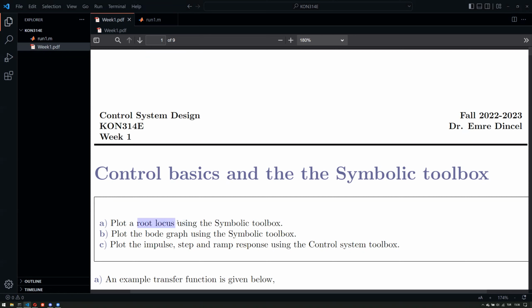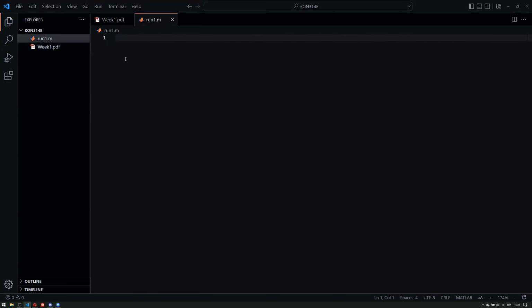First of all, let's try to plot the root locus of a certain symbolic expression. So in order to do that, let's just look at a basic root locus plot. Let me just create a transfer function, hopefully an exciting one. 1, 2, 1, maybe times another transfer function 1 and 3.